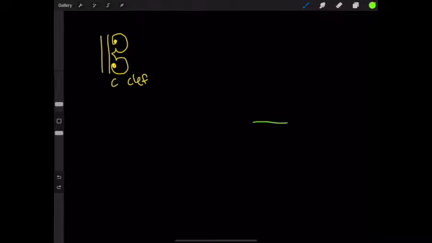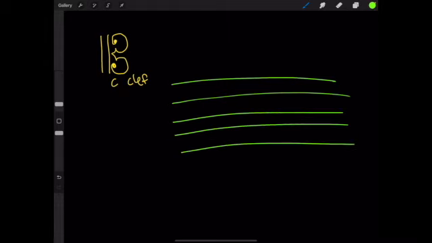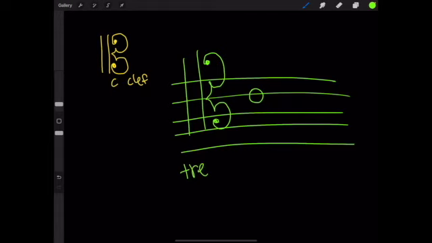The first one is when it appears starting on the second line of the staff. Okay, right here, for example. Still telling us where the C is, which is here. But in this case, because of its positioning starting on the second line, it's known as tenor clef. Right?